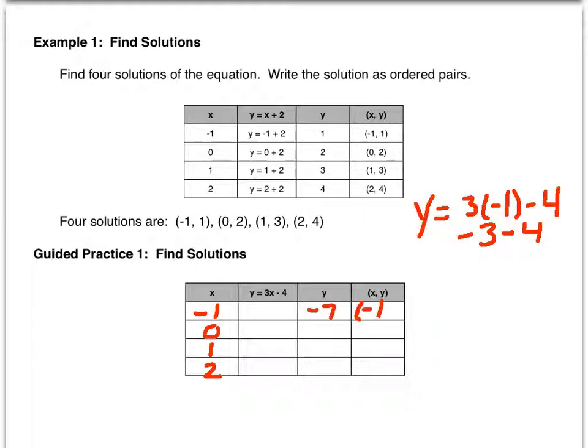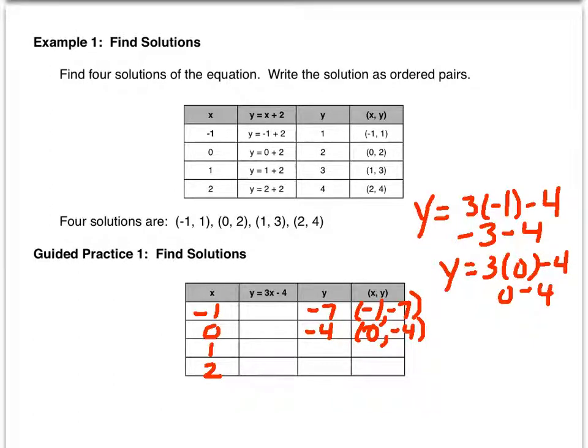So my first ordered pair is -1, -7. Then we'll substitute 0 for x, so y equals 3 times 0 minus 4, y equals 0 minus 4, y equals -4. So we have 0, -4 as our second ordered pair.